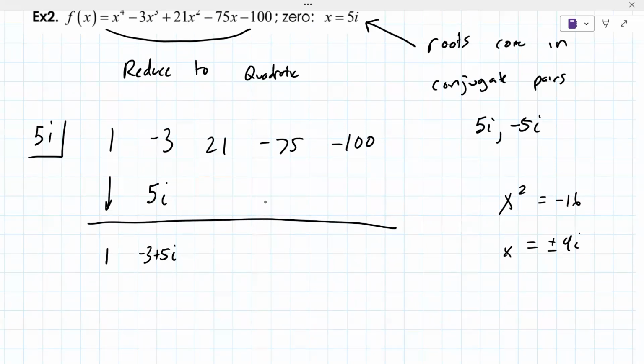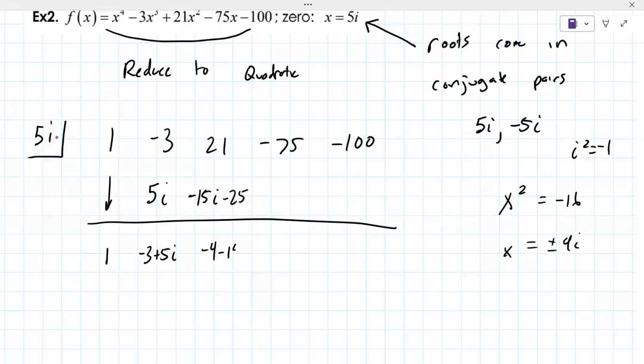Yeah. So now you have to multiply minus 3 plus 5i times 5i. And that's where it gets, again, a little wonky. It's minus 15i plus 25i squared, which becomes minus 25. So the more you can simplify as you go, the better, because you do run out of room here.